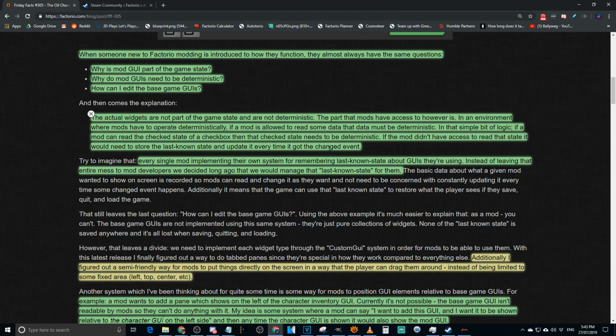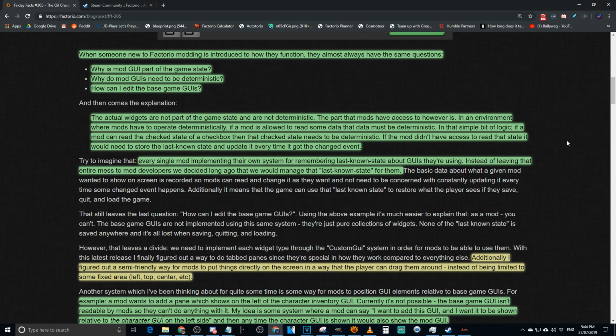it got the event changed, which basically means that the mod devs have to put in a lot of extra effort when writing the GUI for their mods, to make sure that everything happens the same way every single time you use the GUI. But it also means that because it's handled that way, hopefully there's fewer crashes.